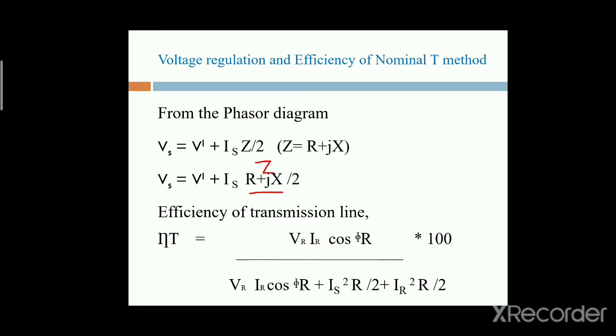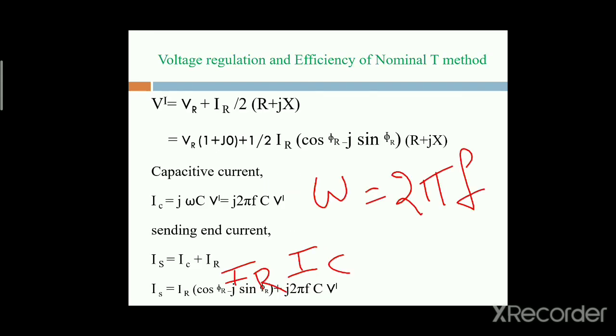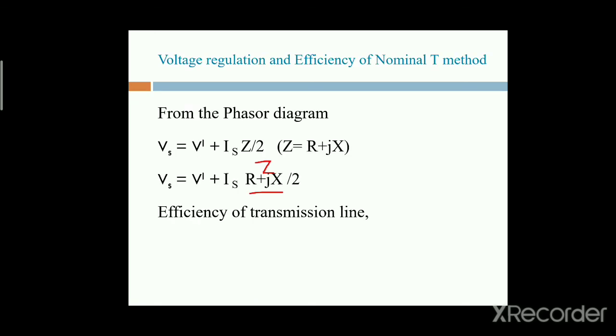Or, since at the middle of the impedance we connect the capacitance C, it is called the middle condenser method. Okay, these are the voltage regulation and efficiency formulas for the middle condenser method.